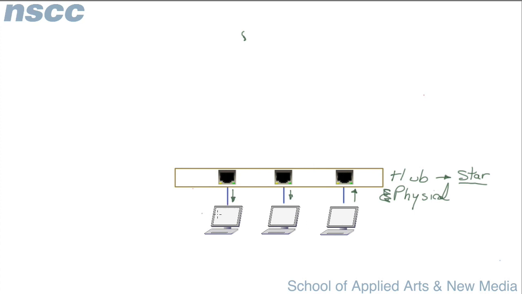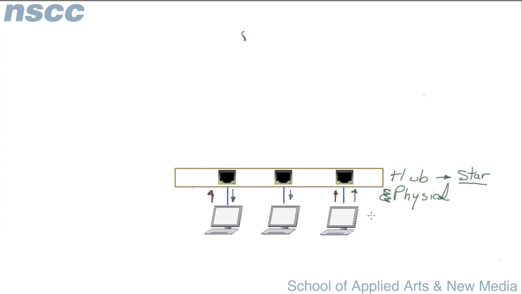Now we could still get what were called collisions, so that if this first PC generated a signal, a frame, and the third PC did too, then inside this hub we could get collisions that would occur at the same time.